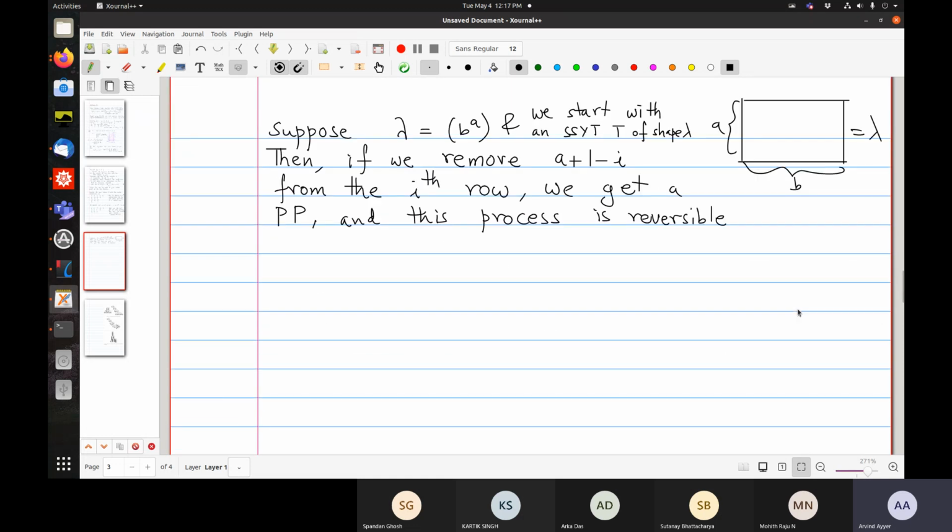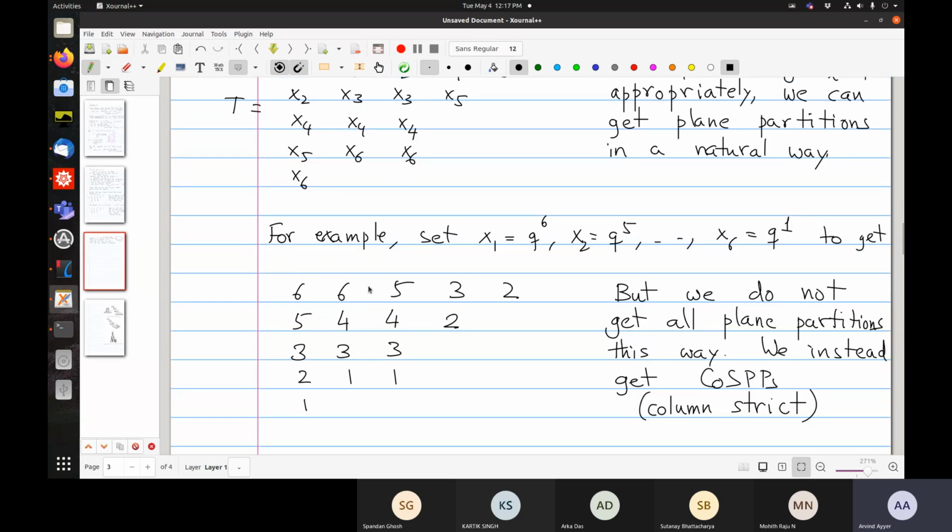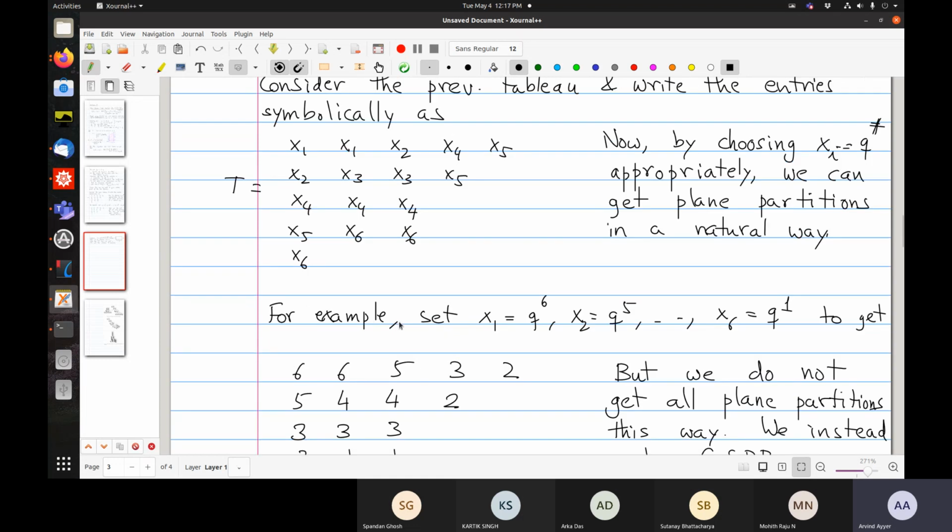So to evaluate, the other thing I should have emphasized is that this is weight preserving. The weight of this plane partition is the sum of the entries, and when you take the generating function, you take q power the sum of the entries, which is the product of all these x_i's.